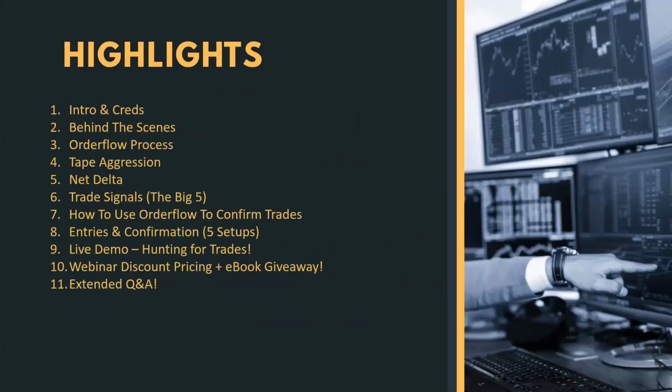First, I want to cover a breakdown of the highlights of today's discussion. We're going to go behind the scenes and talk about the order flow process, tape aggression and delta, and the trade signals we've created, pulling data from the time and sales. The power of the algorithms is very important because we can't do that from a human perspective.